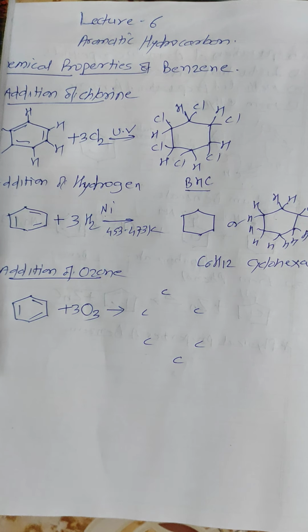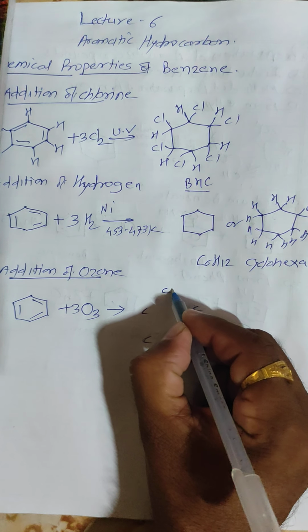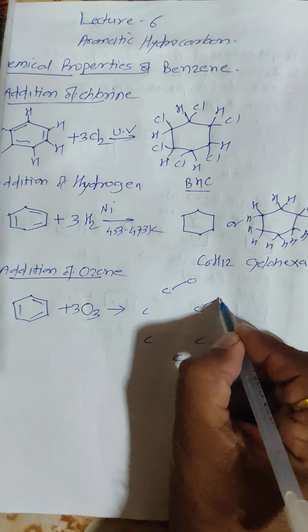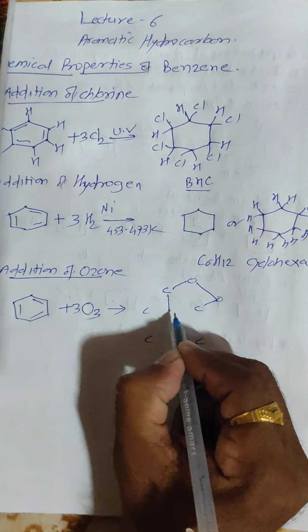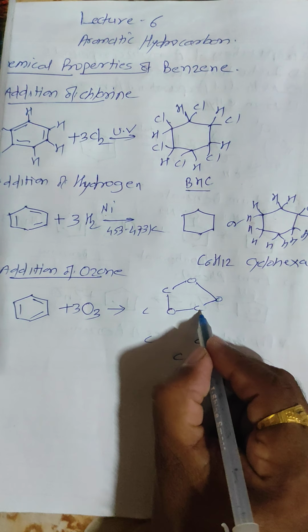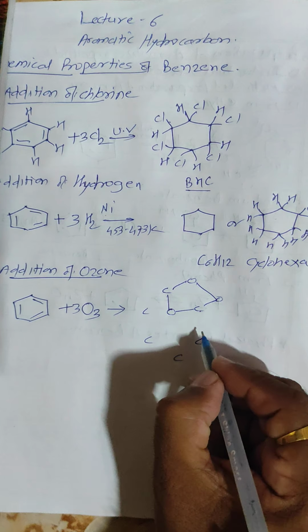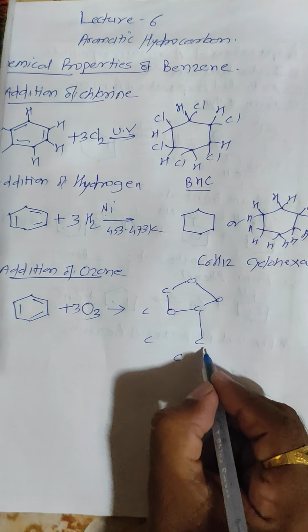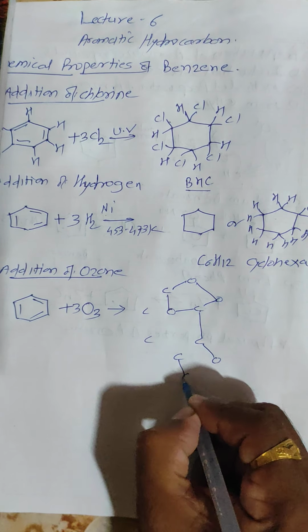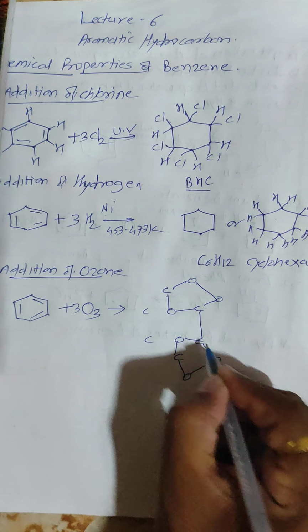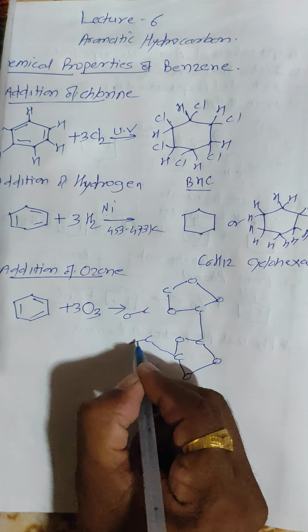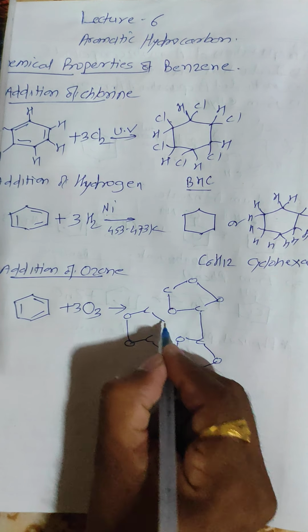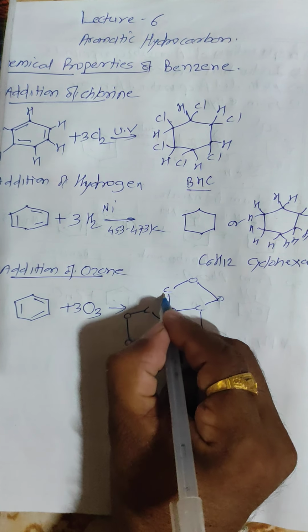are bonded with oxygen, like here one oxygen, another oxygen, as well as they are bonded with oxygen and oxygen. Then another single bond, again oxygen, oxygen, and so on.